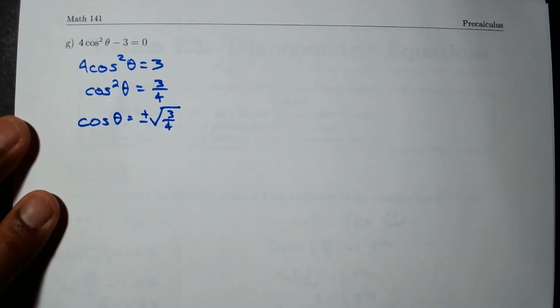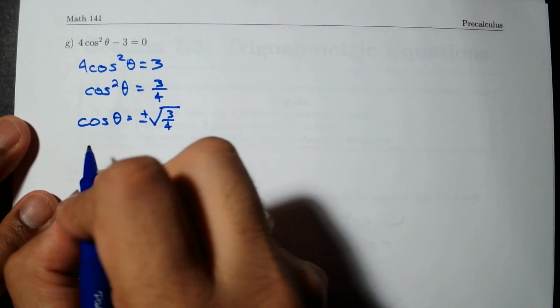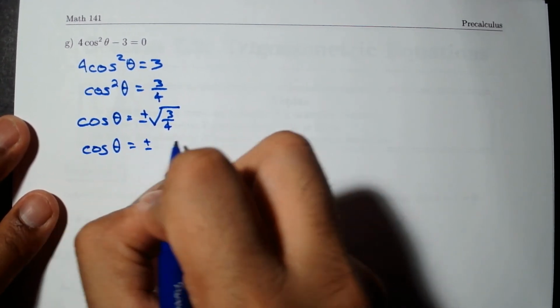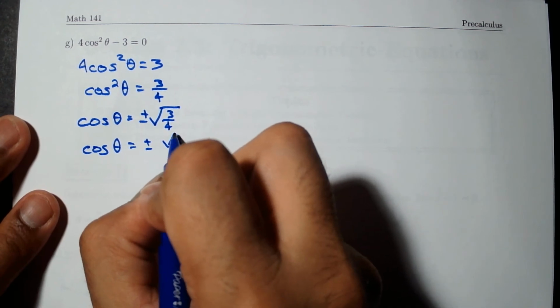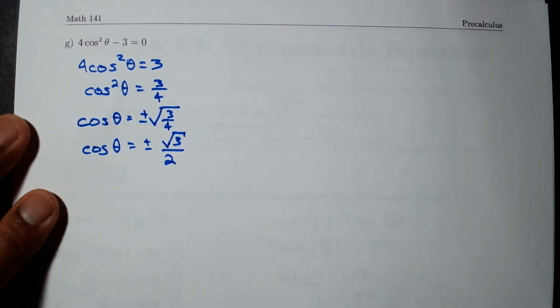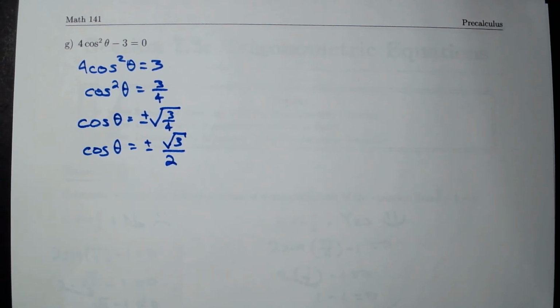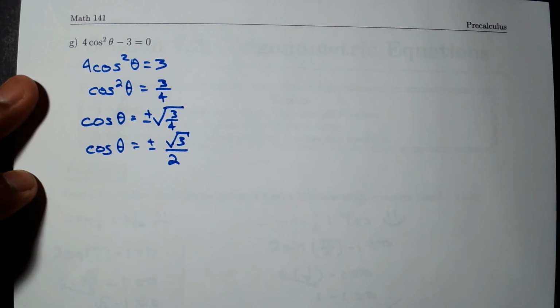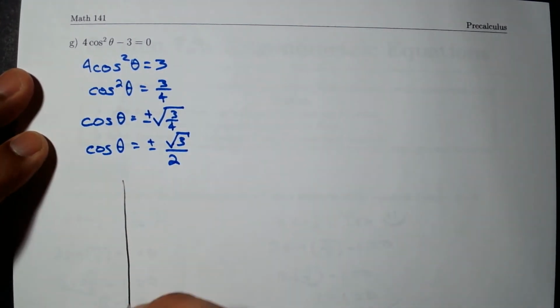Then we take the square root of 3, which is simply the square root of 3, and then the square root of 4, which in this case happens to be 2. Alright, what are we going to do in this case? Well, the same. Let's draw a Cartesian plane.